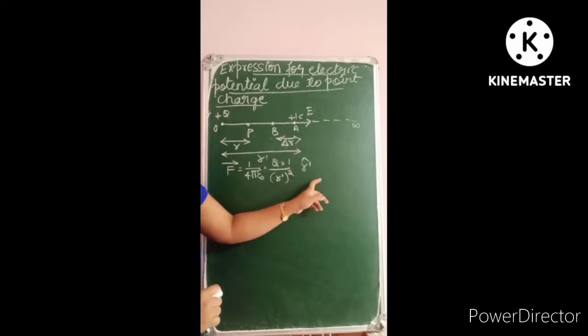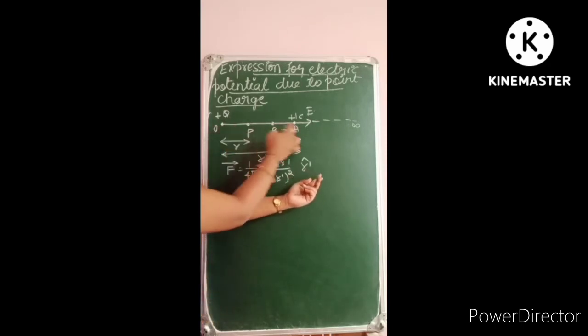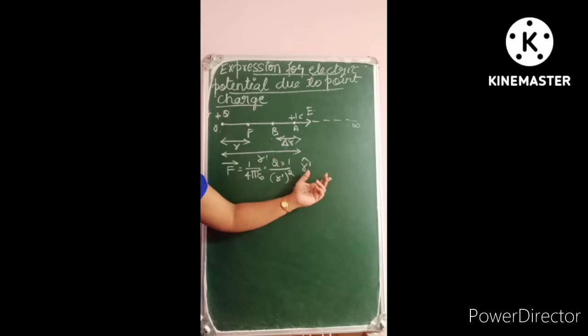R dash cap is nothing but the unit vector along the direction OA.